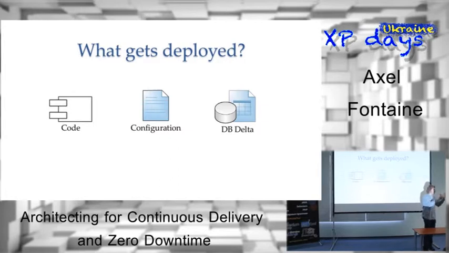So if the business requirements change, and if the code requires new fields, or if things go away, this structure needs to evolve with our code. So we need to ship a Delta script as well to make sure that it gets adapted to what we require.